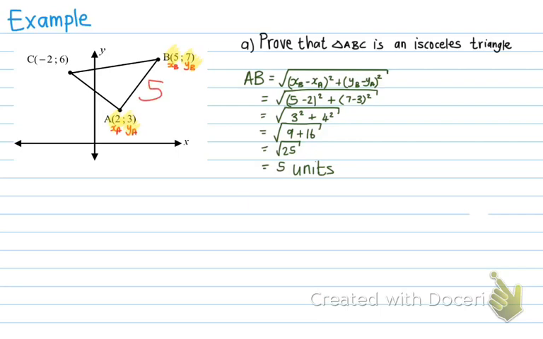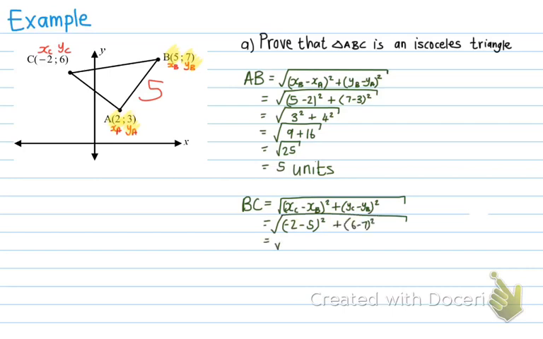Now I'm going to work out BC. BC is the square root of xc minus xb squared plus yc minus yb squared. I know what xb and yb are, but what is xc? xc is negative 2 and yc is 6. So I substitute: negative 2 minus 5 squared plus 6 minus 7 squared.